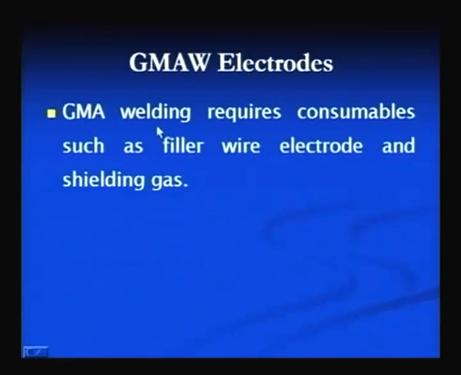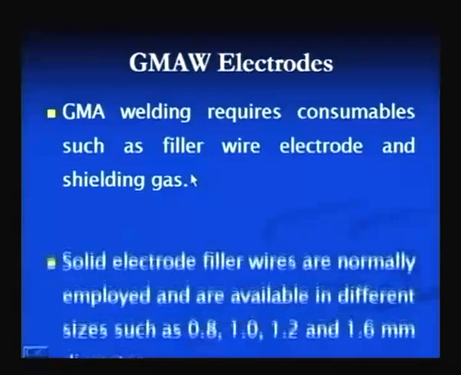Gas metal arc welding requires two types of consumables. One is the filler wire electrode, which is consumed during welding to fill the gap between the plates to be welded, and the other is the shielding gas, which protects the weld pool from atmospheric contamination.